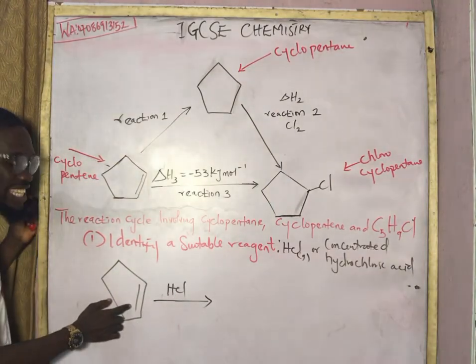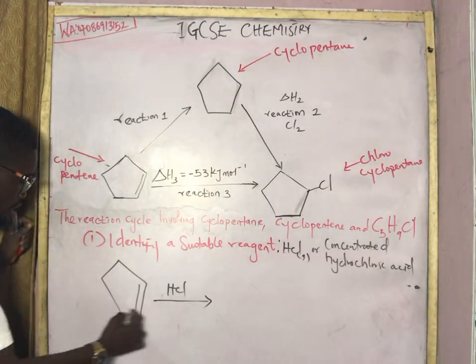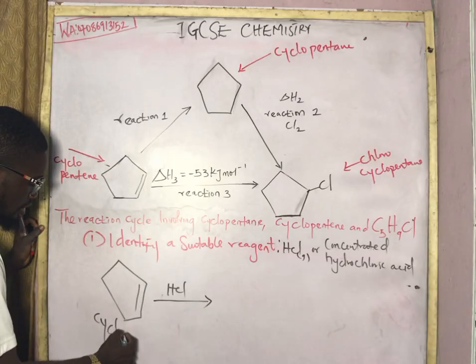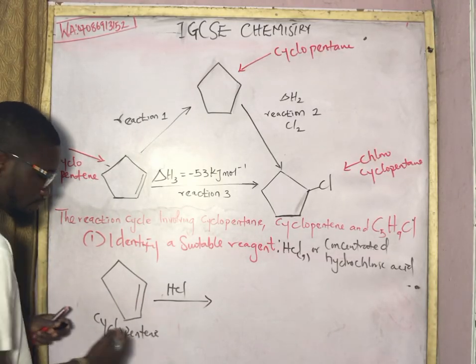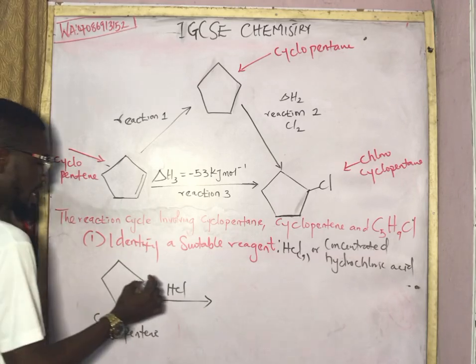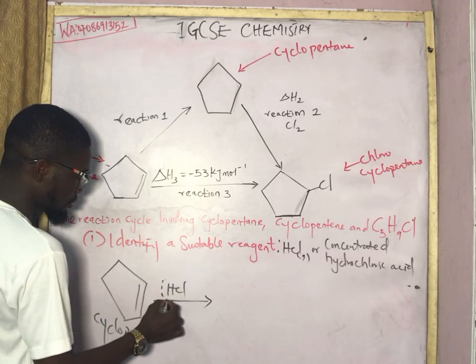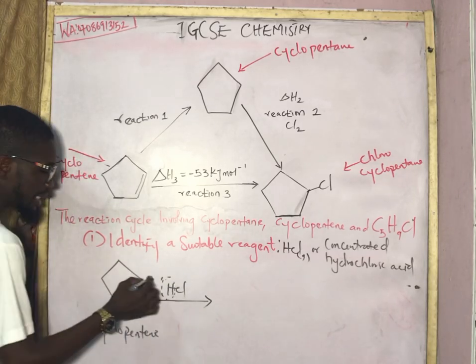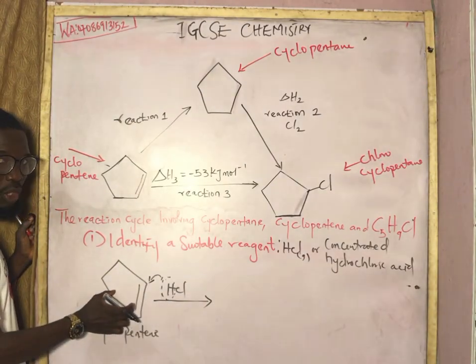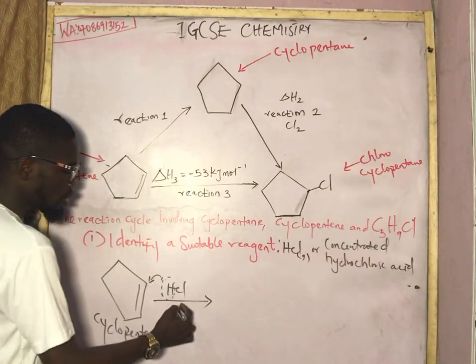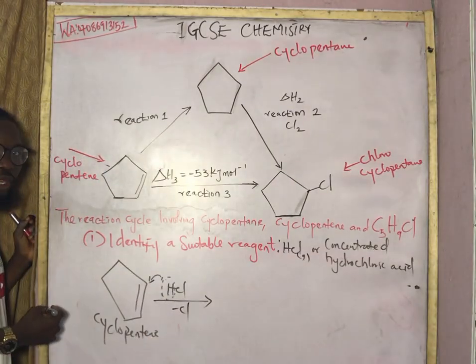So how can we easily break this bond? Don't forget the name of this compound, cyclopentene, as mentioned earlier. If this H is attached to this double bond, it will break the bond, and we are left with this chlorine.